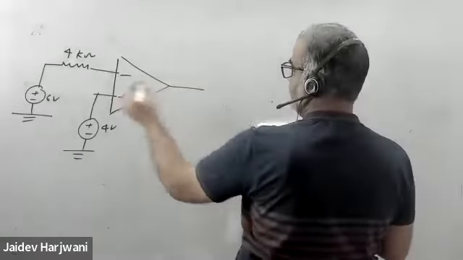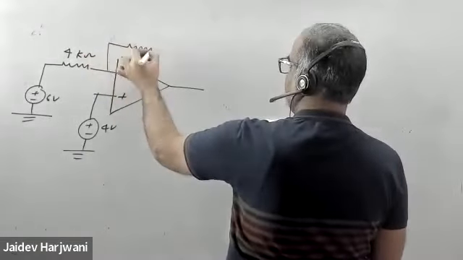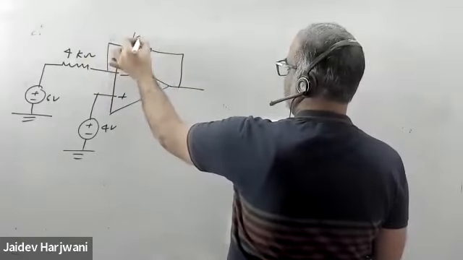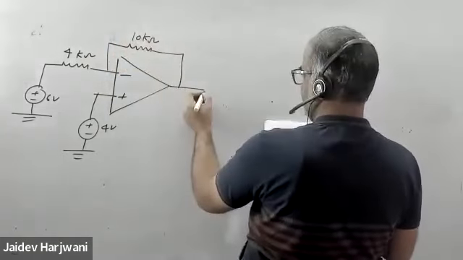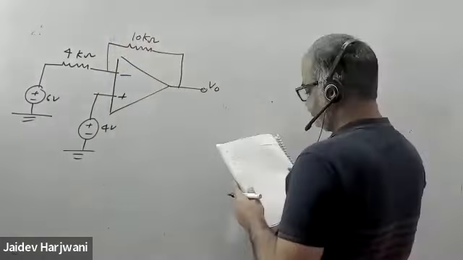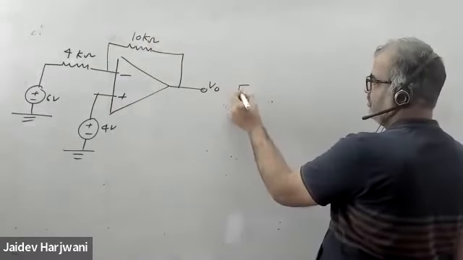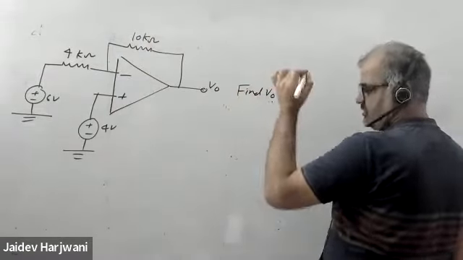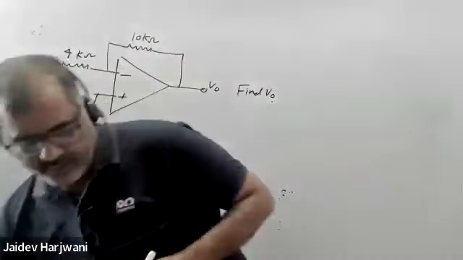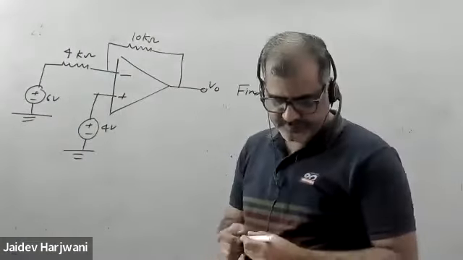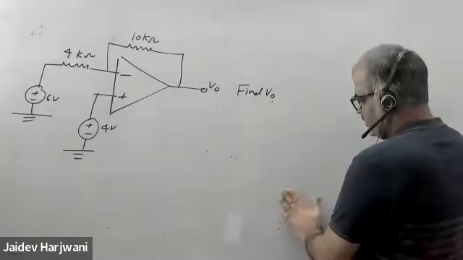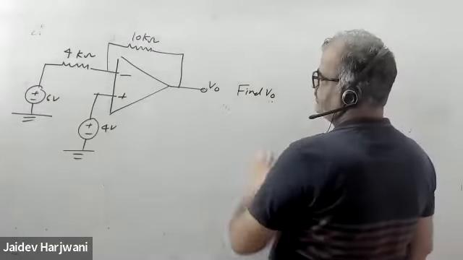This time you have 10 kilo ohm, and this is your V naught. So they say find V naught. What is the value of V naught?